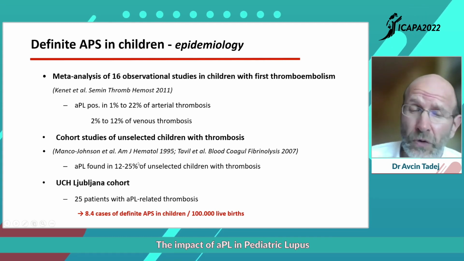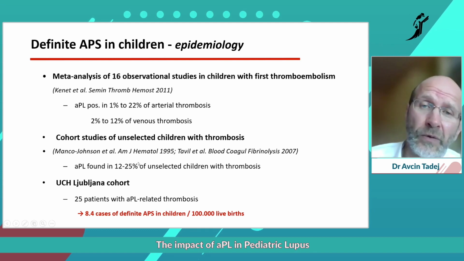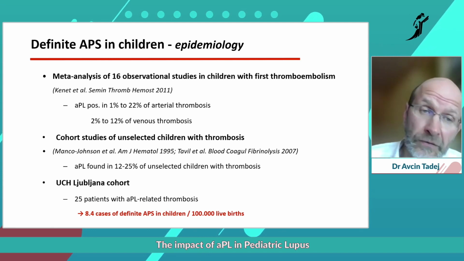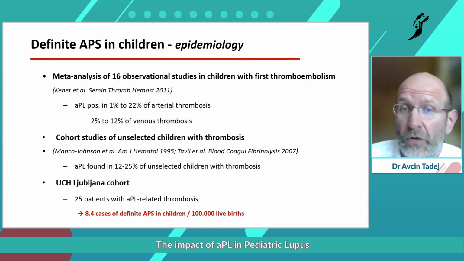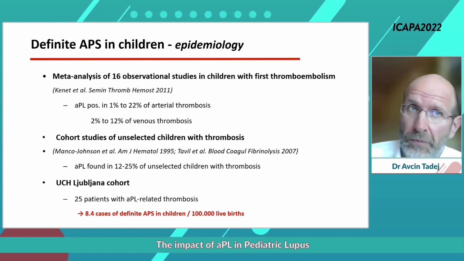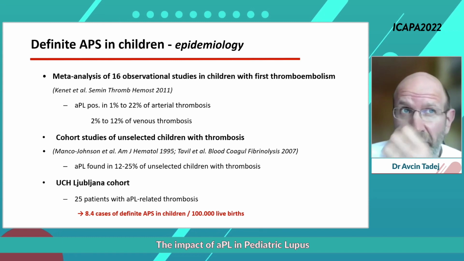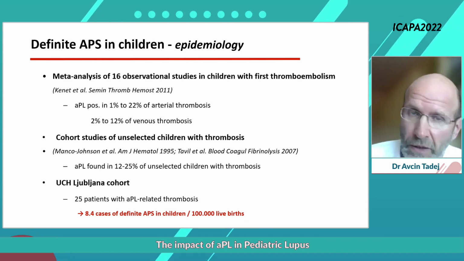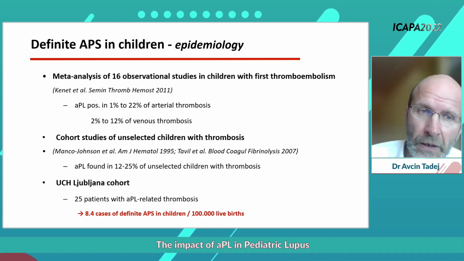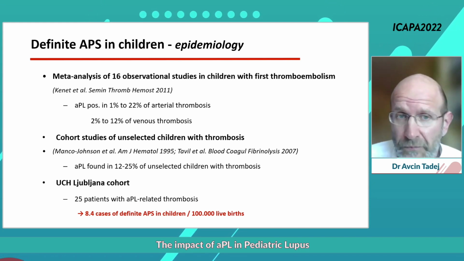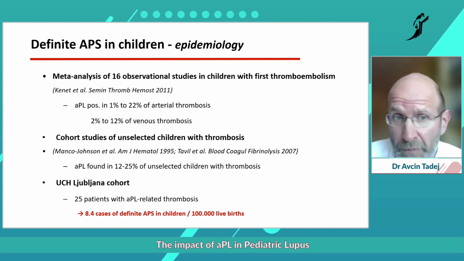In general, if you look at unselected children with thrombosis, antiphospholipid antibodies are found in approximately 10 to 25% of children with thrombosis. In most of these children, antiphospholipid antibodies are not the only risk factor for thrombotic event. There could be also other thrombotic risk factors, but these are epidemiological data.